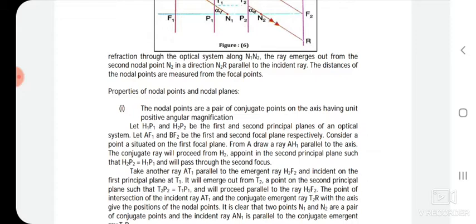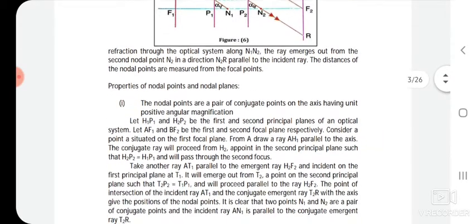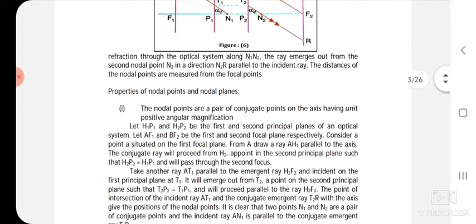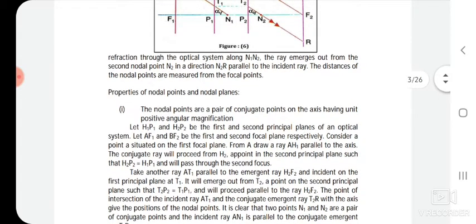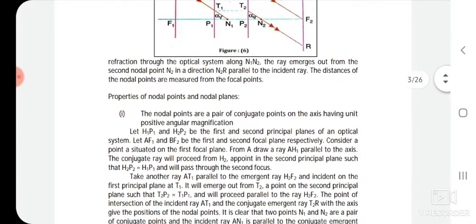The point of intersection of the incident ray AT1 and the conjugate ray T2R with the axis gives the position of the nodal points.